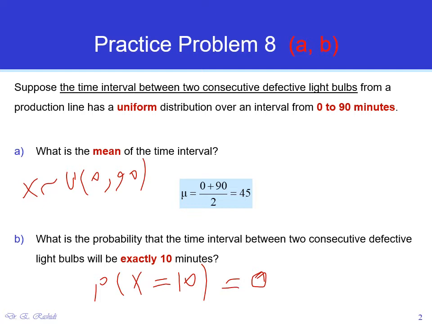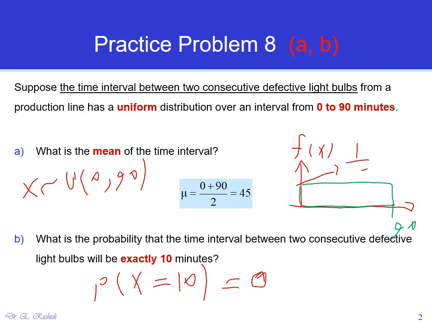And to put it in perspective, we can use the plot of this distribution. So suppose this is 90, and this rectangle between 0 and 90 is our distribution. This is f of x, and here it's equal to 1 over b minus a, which is 1 over 90.